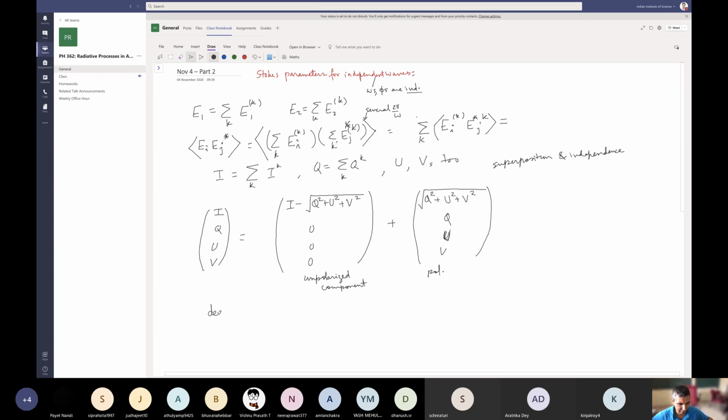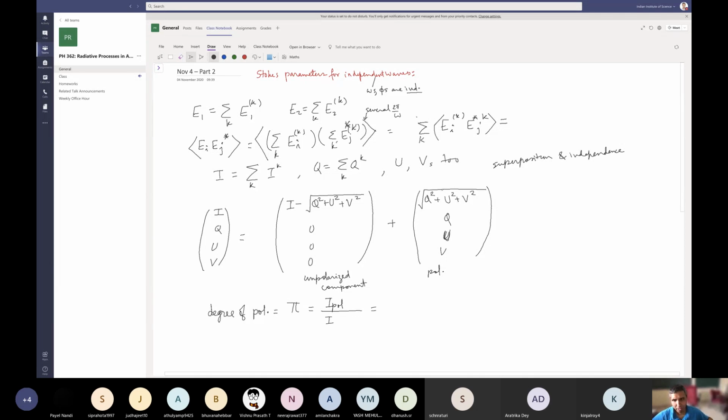So we can define a degree of polarization. What is the degree of polarization? This is the symbol pi, and it is equal to the intensity in the polarized part divided by the total intensity, which includes polarized intensity and unpolarized intensity.